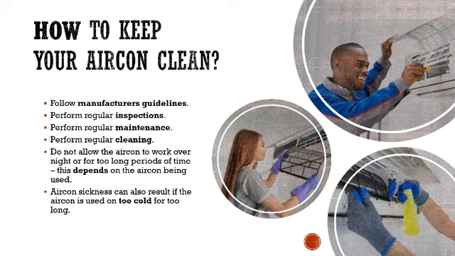They basically said, do not allow the aircon to work overnight or for too long periods of time. It also depends on the type of aircon being used. But your smaller ones, your 9,000 BTU or your 12,000 BTUs that we generally find in offices, should not be left on overnight. They should also not be pumping on the lowest temperature or the highest temperature.